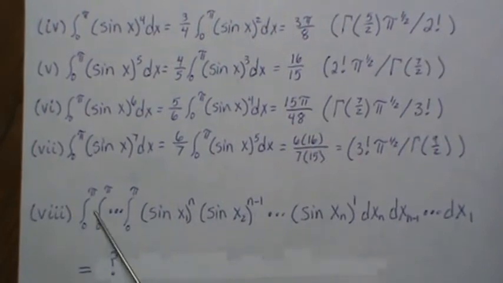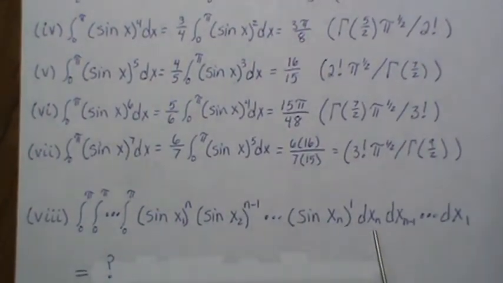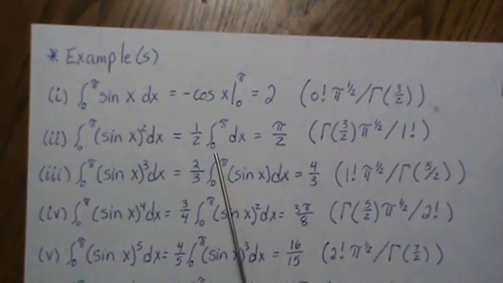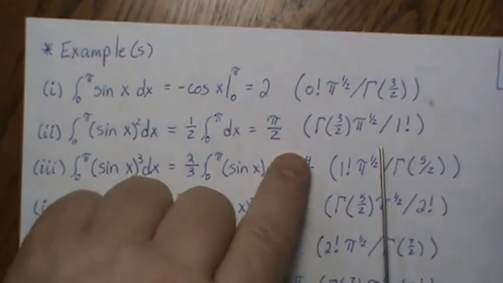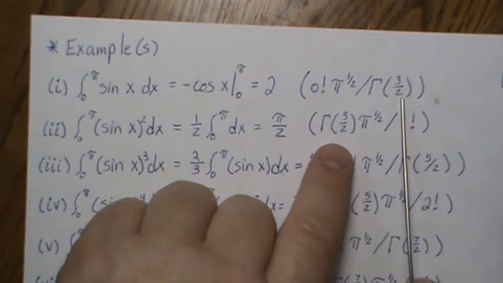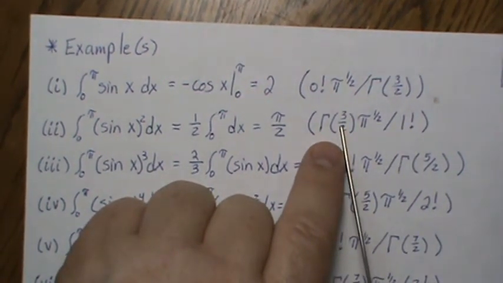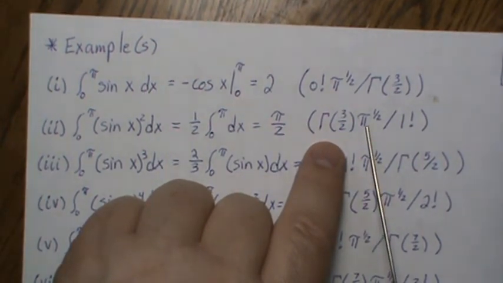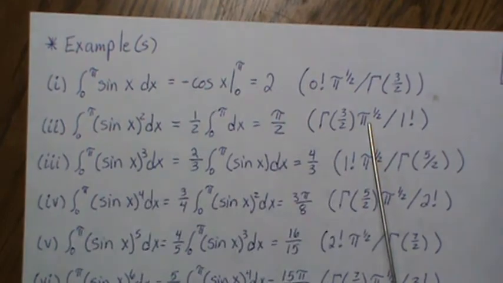Okay, so then that can come out front, and then we evaluate the next one, which is sine of x to the n minus 1 raised to the second power, which is going to be this. And then that goes out front, but notice that the pi or gamma of 3 over 2 cancels with this. And then this is raised, pi to the 1/2 squared, right? And we still have the 1 out front.